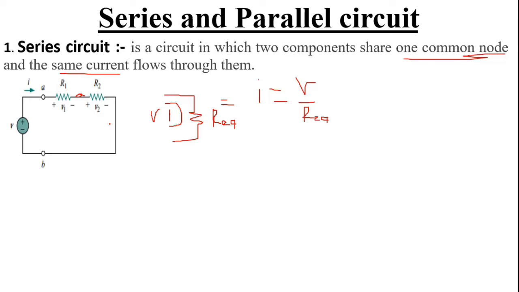So now let's show you how to derive the equivalent resistance for series circuits. If I apply KVL for this circuit, that means the sum of voltages across a closed loop is 0.